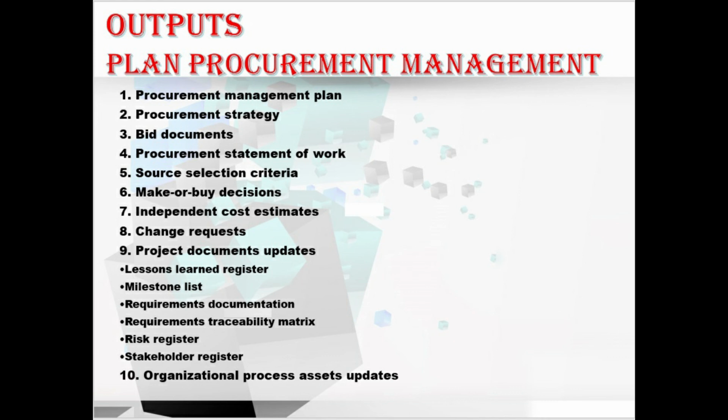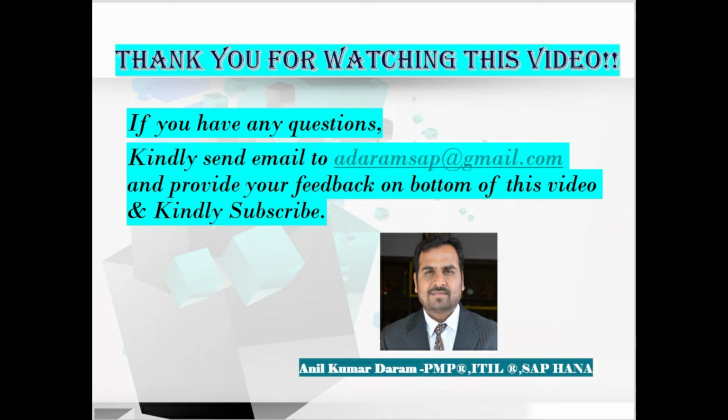So we have completed all the ITTOs here, that is first with inputs, tools and techniques, and last with outputs. This completes the first process in the project procurement management knowledge area, and hope this complete session is easy and understandable for you. Fine. Let's discuss more detail on the next process in the project procurement management, that is conduct procurements, in the next video.